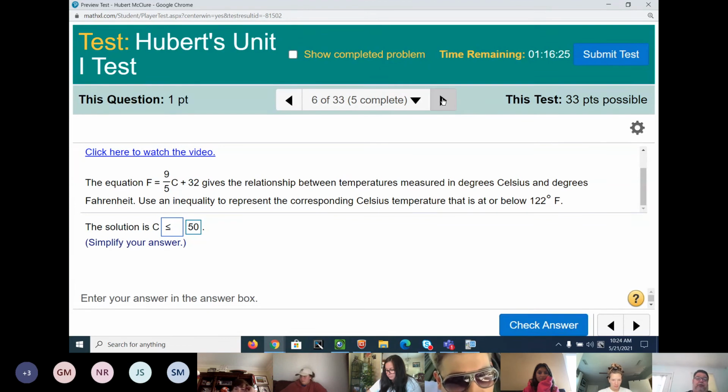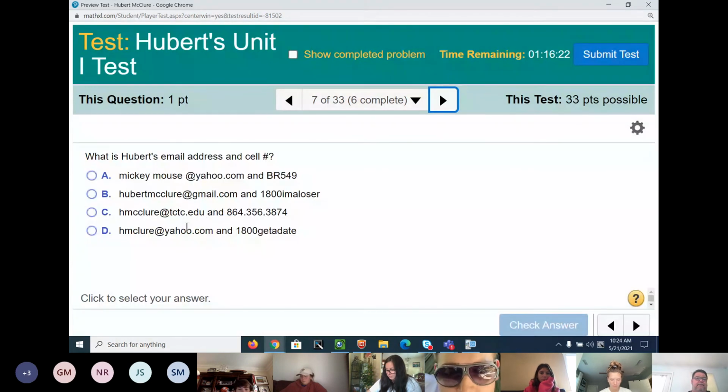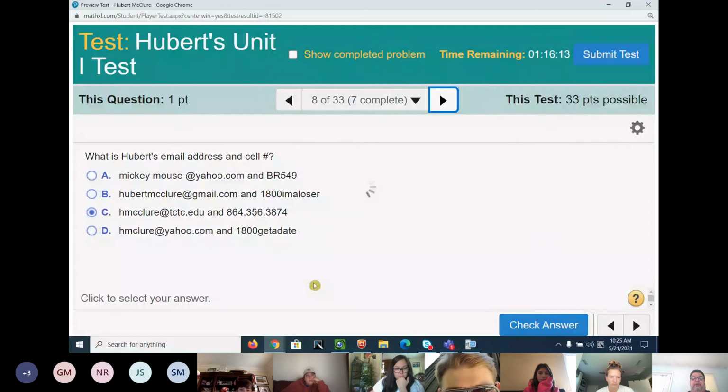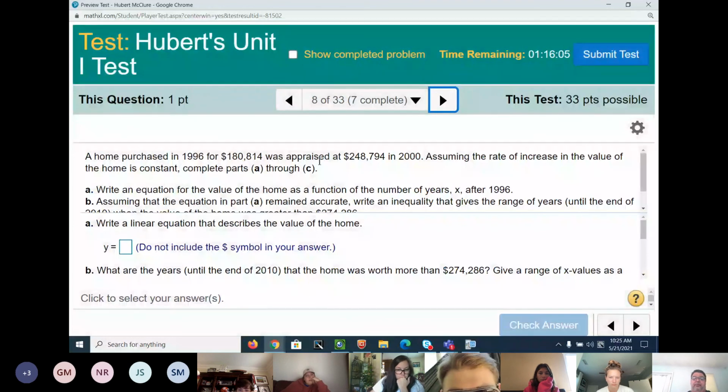Okay, hopefully y'all won't miss this one. This is the number one most missed bonus question. All right, let's look at this one. A home purchased in 1996 for $180,000 was appraised at $248,000 in 2000. Assume the rate increase in the value of the home is constant.